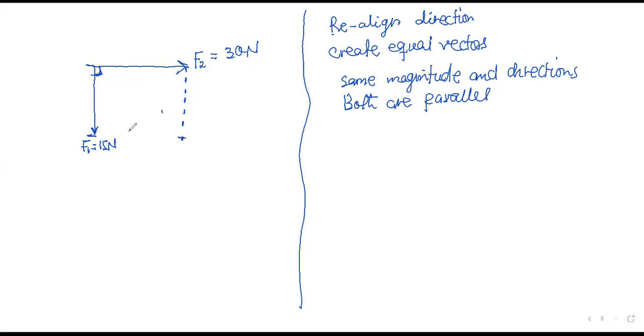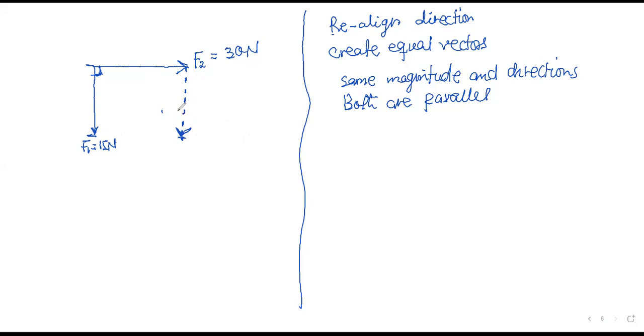The broken line must have the same direction, due south, and must be parallel to the original.